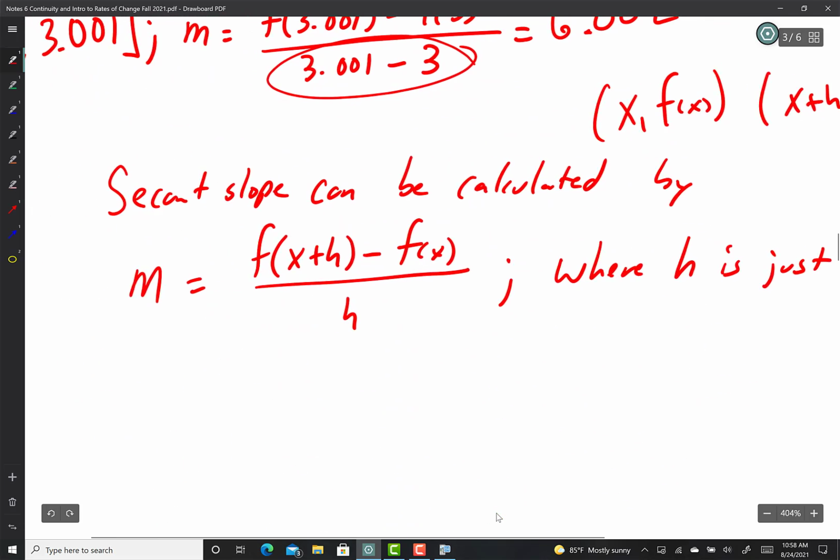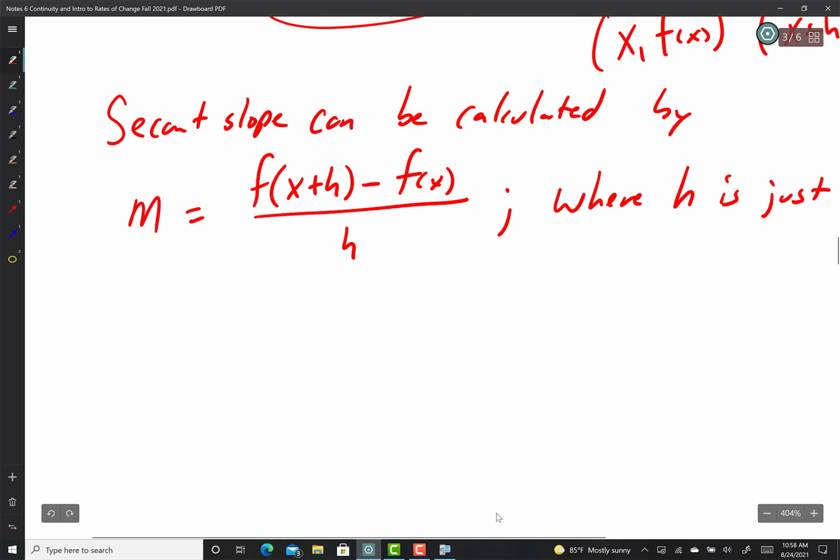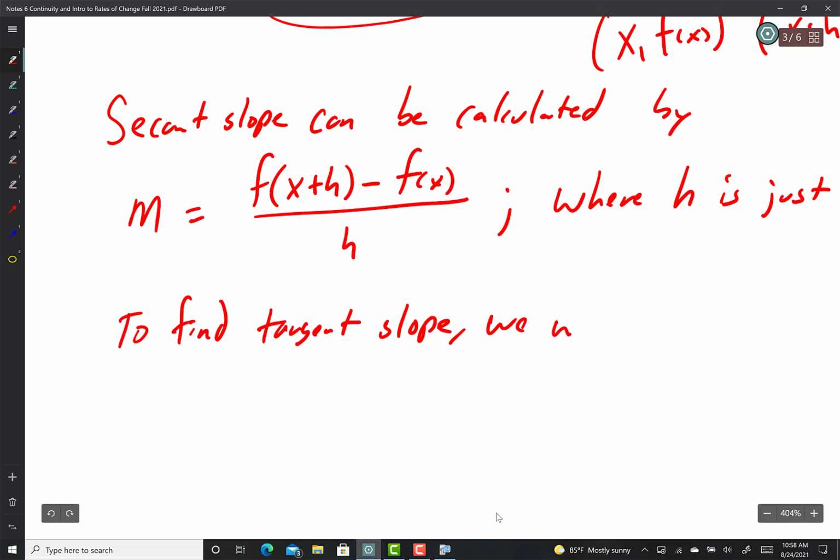There it is. Do you guys see that? So to find tangent slope, we want h to approach 0, because we don't have two coordinates. If h approaches 0, that means we're literally on that point. Does that make sense, guys?